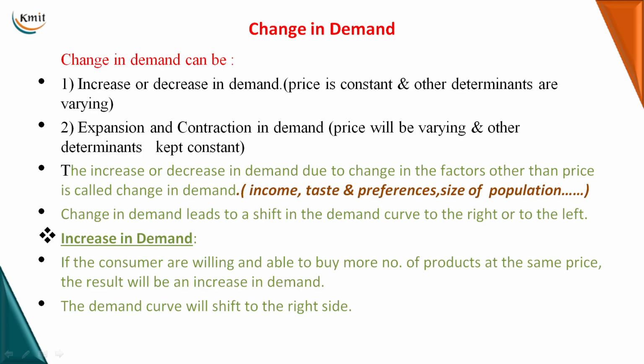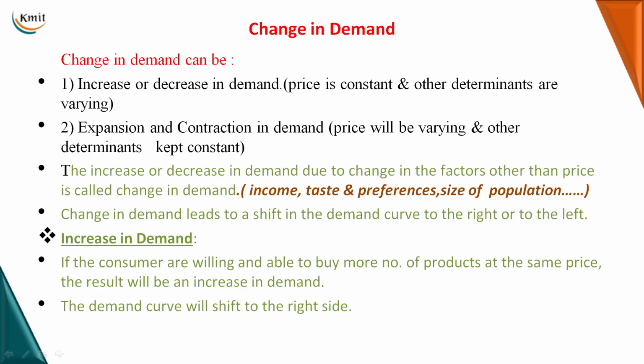So, in this session, we shall consider both situations and learn about change in the demand when price is constant and other factors or determinants are varying, and when price is varying and other factors are kept constant. Two situations and two conditions.